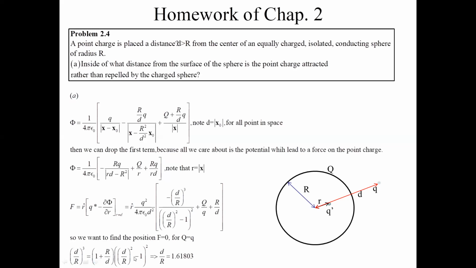You can put this equation into Wolfram and get the answer: d over r equals 1.61803.